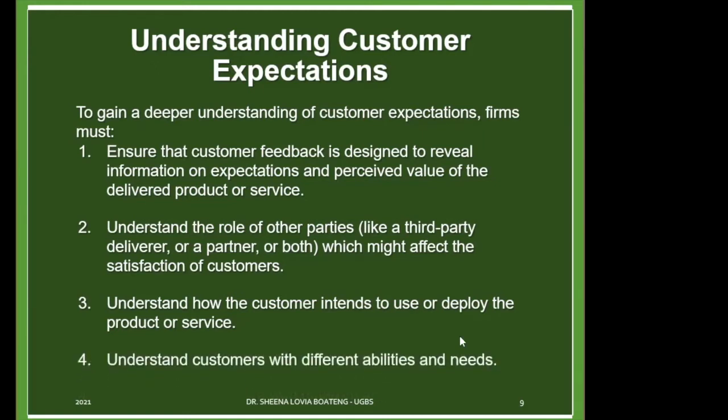And finally, to be able to understand customer expectations, we need to understand their different abilities and needs. Recently, I have realized that marketers have started to include Braille as part of packaging. Do you know what Braille is? Yes, please. The one the blind people use. Good. So you buy certain packages and there are elements of Braille on it.